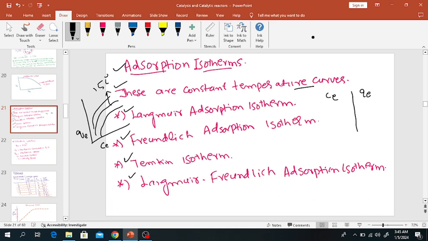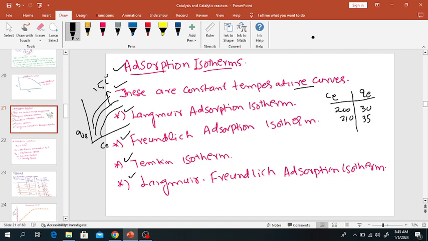For example, in adsorption equilibrium, suppose we have the information about equilibrium concentration and equilibrium uptake. Suppose equilibrium concentration is 200, and the equilibrium uptake is 30. Here the equilibrium concentration is 10, and the equilibrium uptake is 35.